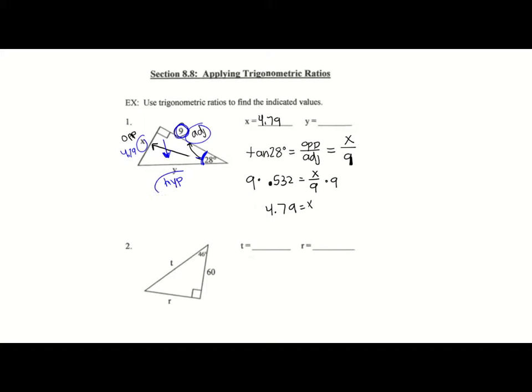So if I'm looking at my hypotenuse and adjacent, I know that is going to involve cosine. Cosine of 28 degrees equals adjacent over hypotenuse, which gives me 9 over y. When I plug cosine 28 into my calculator or look at the table, I get 0.883.